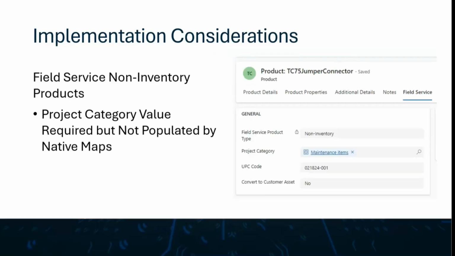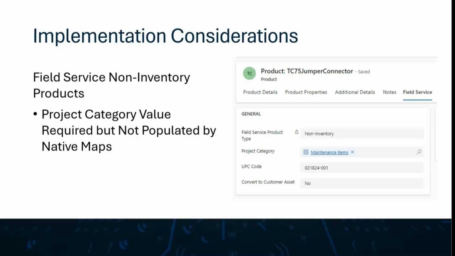So field service, non-inventory products, one of the things to consider is those products, because they go over to the projects module in F&O and they go to the expense journal, it requires a project category. And at least as of today, that project category is not natively populated by the map.